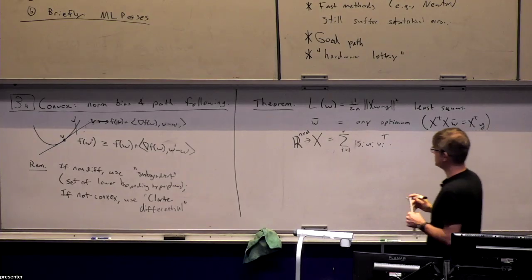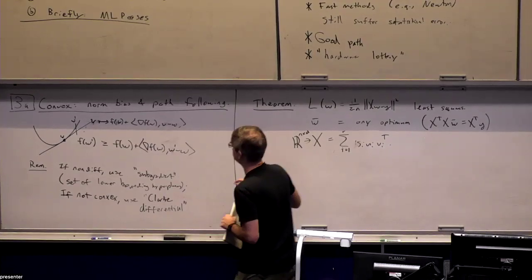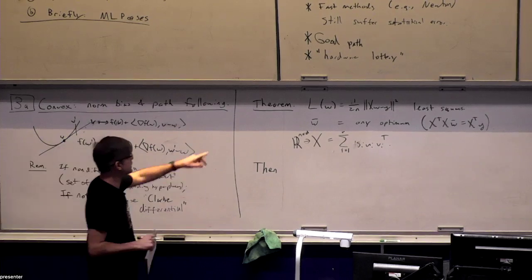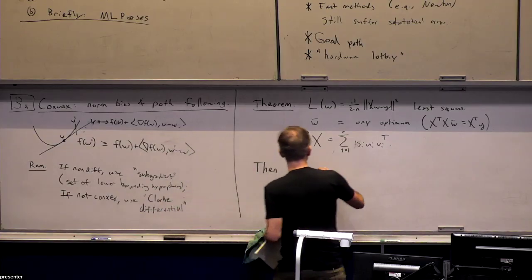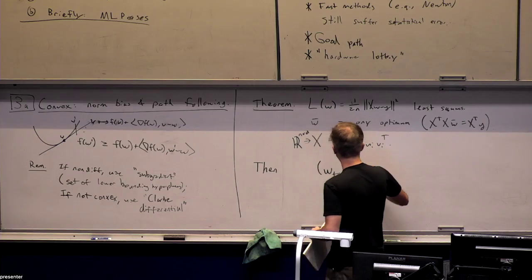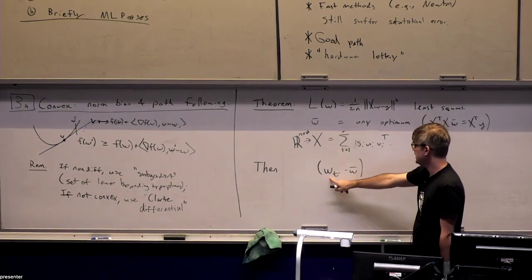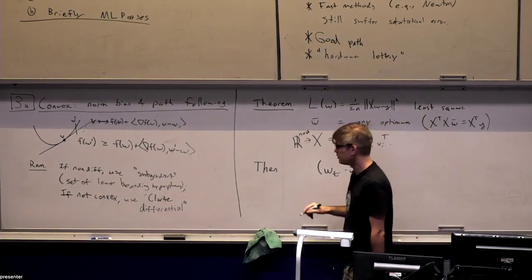Okay, and here's what you can show. If I run gradient descent, so that equation I wrote up there with the gradient of this objective, then I get the following. If I look at Wt minus W bar, so W bar is any optimum and this is my iterate at time t, I'm not going to look at the norm of it or something like that. I'm going to look at something much more refined.